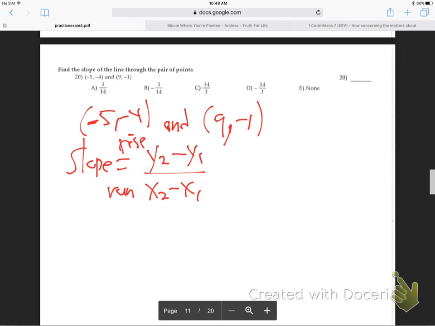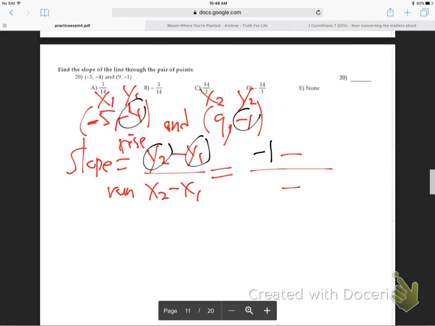All right, so this is x1, y1. This is x2, y2. That just means first point's x and y values, second point's x and y values. Let's plug those in and see. We have built-in subtraction symbols that are part of the formula, and then there's whatever we plug in. So y2 minus y1: -1 minus -4, over x2 minus x1.